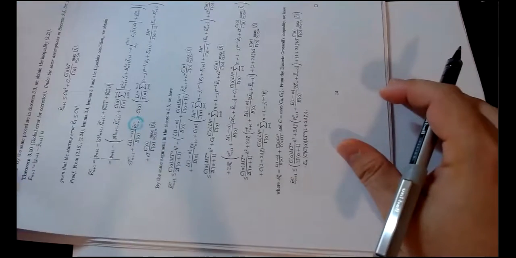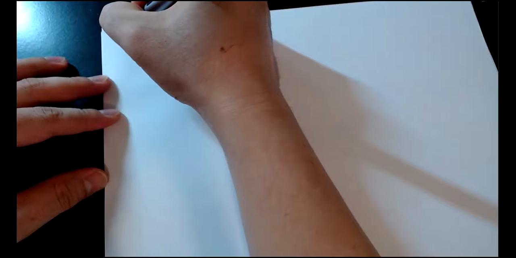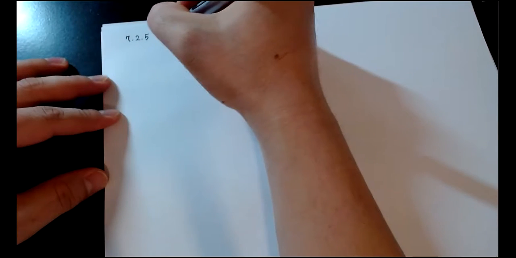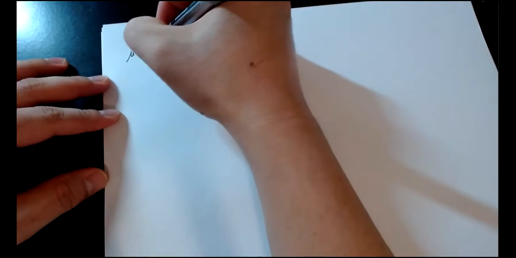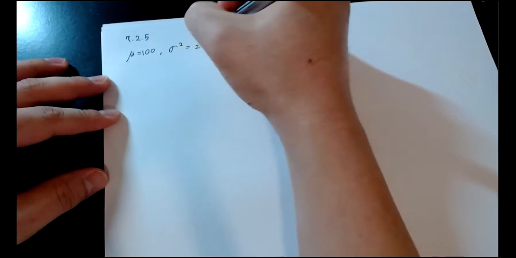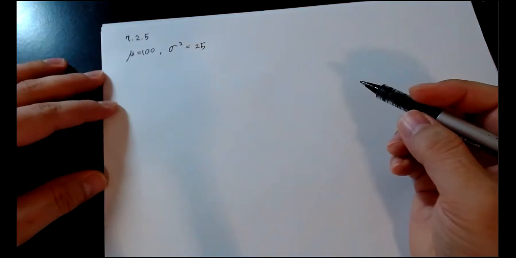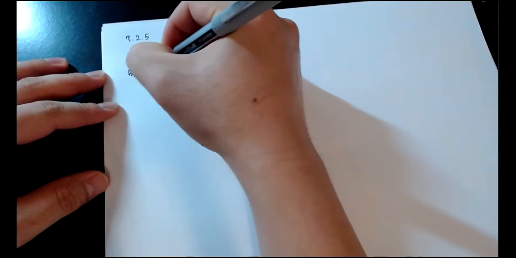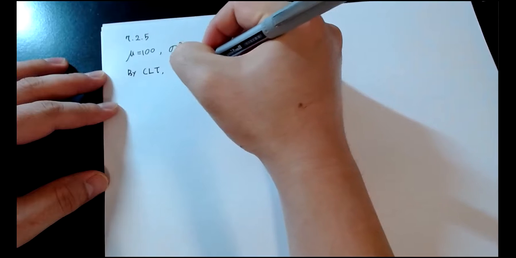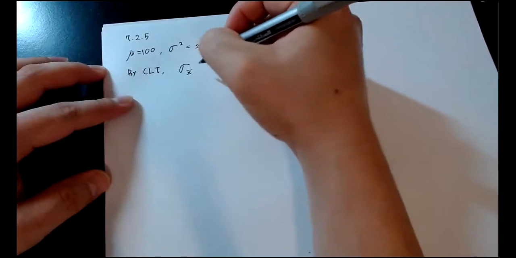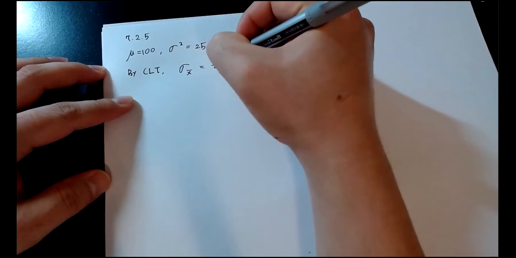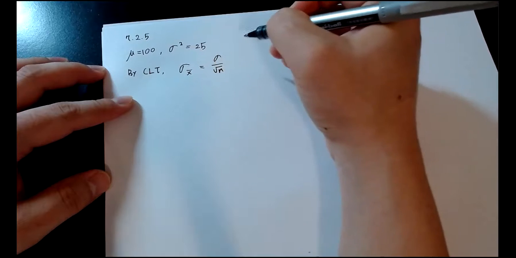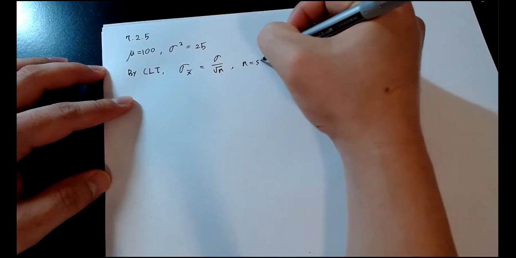Let me change. Okay, so the problem 7.2.5 says that mu is 100, and sigma square is 25. Now the central limit theorem says that sigma x bar, the standard deviation of the sample mean, is equal to sigma over square root of n, where n is the sample size.